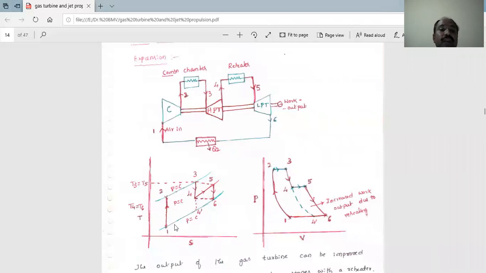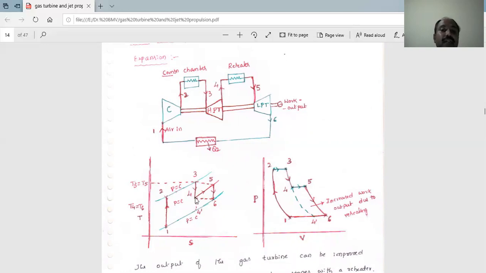1 to 2, isentropic compression process. Then 2 to 3, constant pressure heat addition process. You can observe here in the PV diagram that 2 to 3 is constant pressure, and the temperature increases. Then once again 3 to 4, the expansion process takes place.